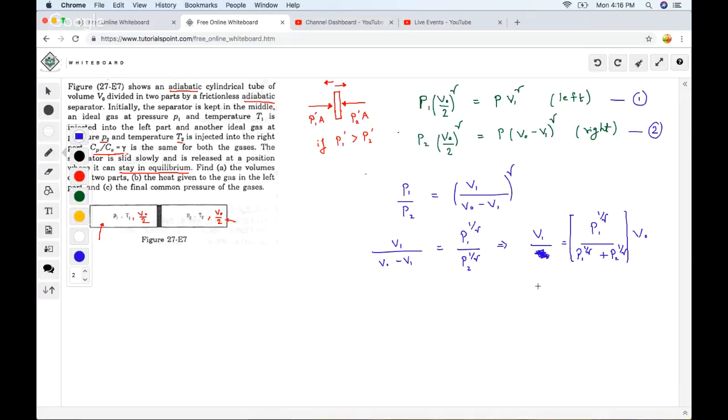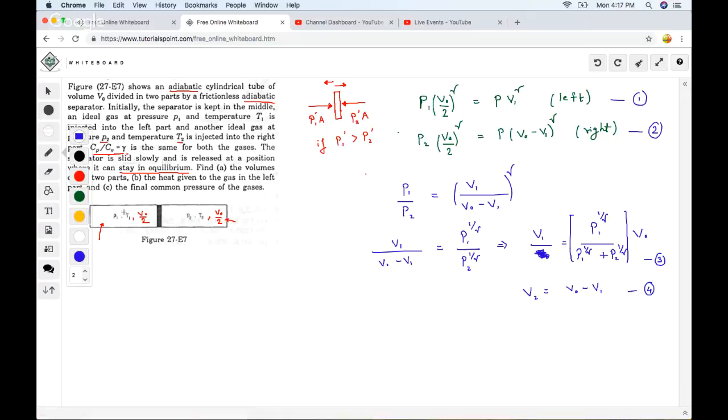V2 will be V naught minus V1. So using equation 3, I'll get V1, and once I use it in equation number 4, I'll get the value of V2. Then what is asked is the heat given to the gas in the left part.